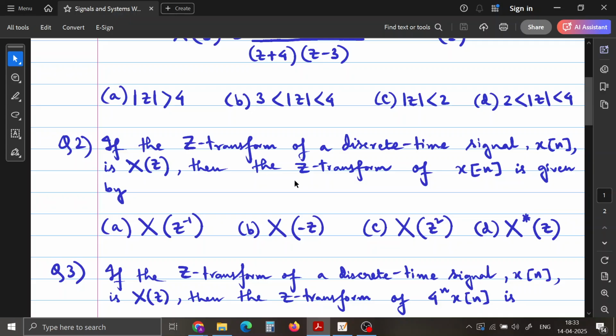So let's see, if your discrete time domain signal, x of n, is reversed in the time domain, so x of n is changed to x of minus n, then what is the corresponding change that happens in the z domain? Okay, so that is what we need to figure out.